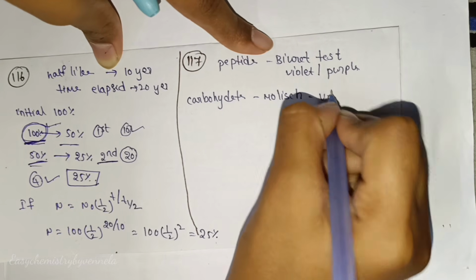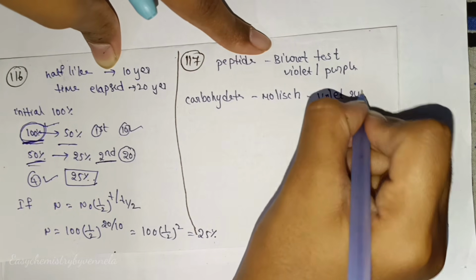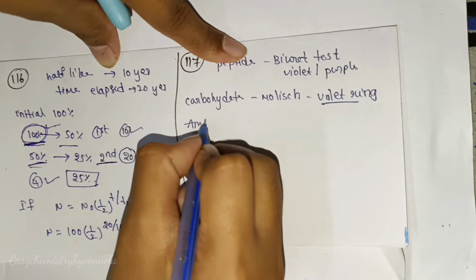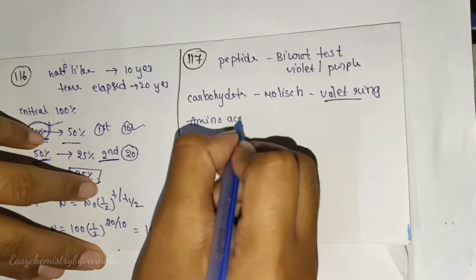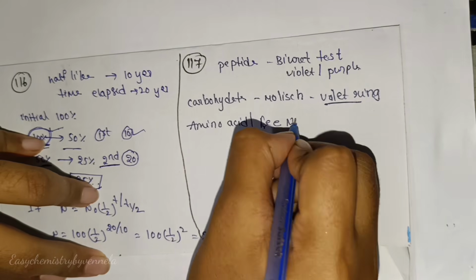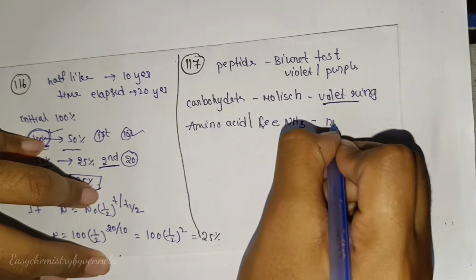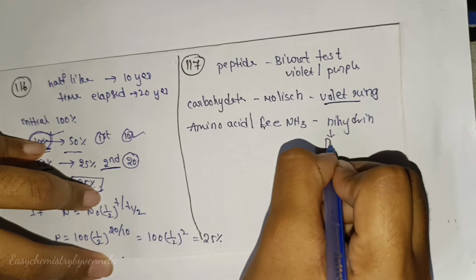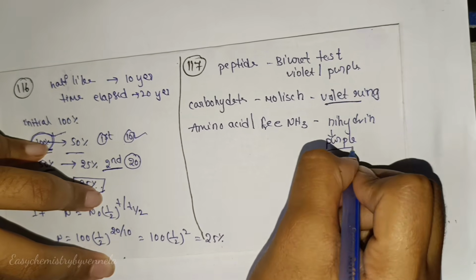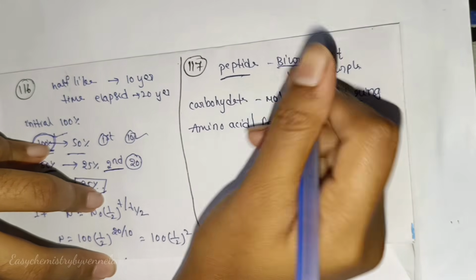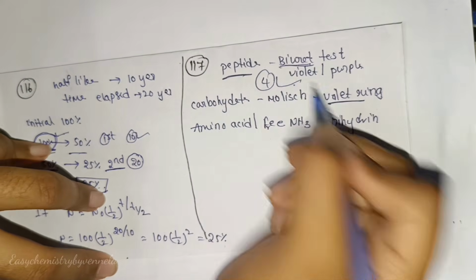This is also a violet ring. For amino acids or free ammonia, this is ninhydrin. It also gives purple color. So our question is peptide. The answer is Biuret test. Fourth one is the correct one.